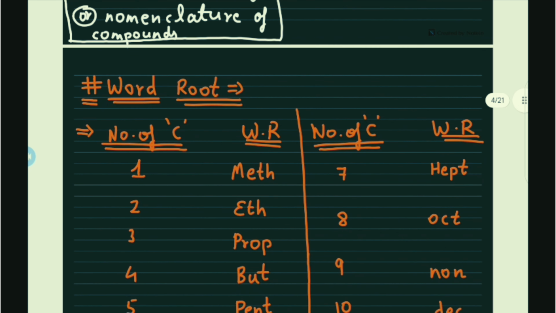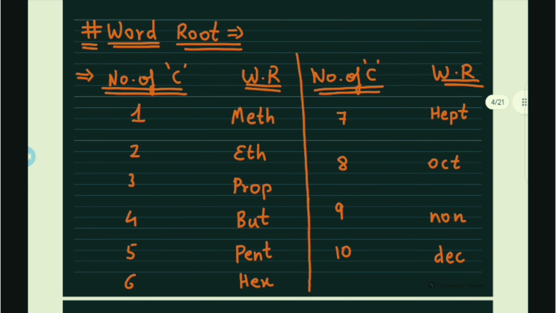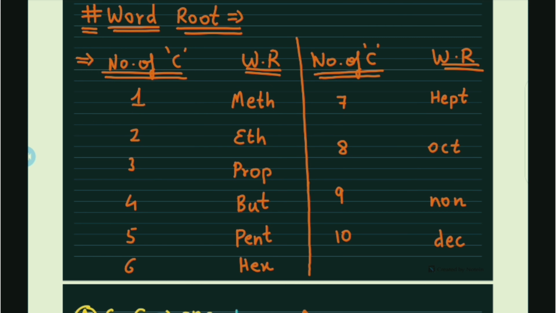Okay. So now, before we start the naming of the compounds, it's very important to know the word roots. Now you will have a question that, sir, what are word roots? No worries. Let's see. We consider a carbon chain while naming the compounds, right?